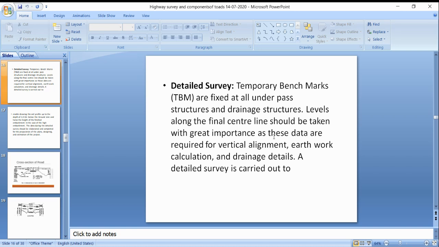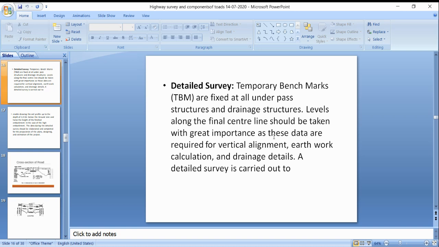In the modern survey, by using modern instruments like the aerial method or the stereo photograph method, we can interpret the techniques without going to the field. By capturing photos by means of aerials, we get the data. So these are the two methods used for the preliminary survey.